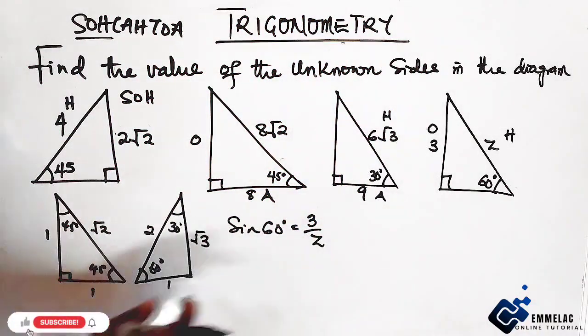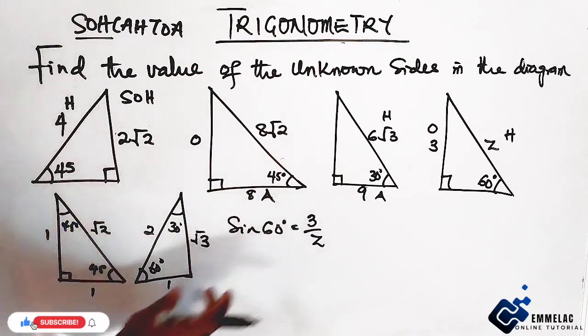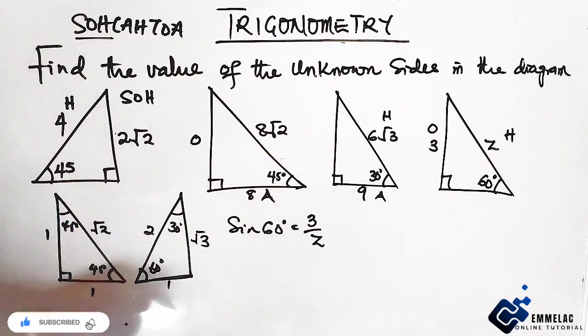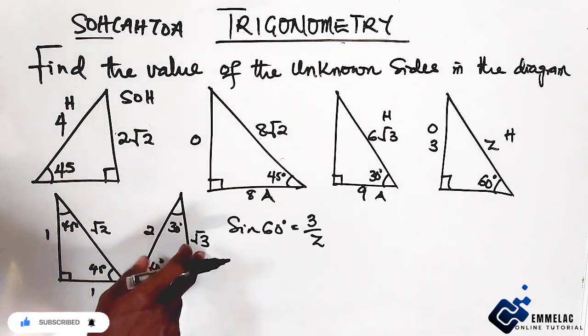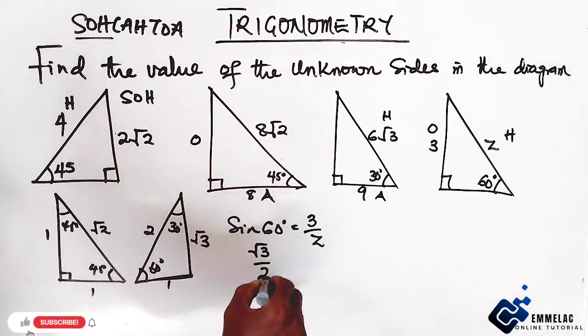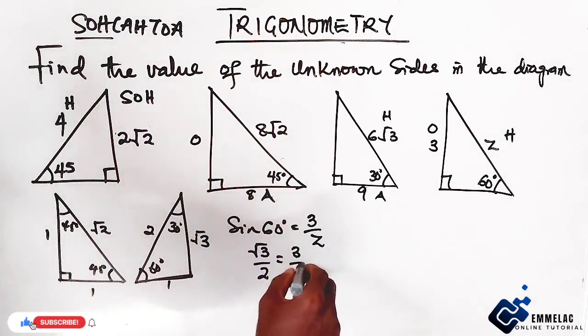Now from here we can get the value of sine 60. Sine 60 is opposite over hypotenuse, which means root 3 over 2 equals 3 over z.